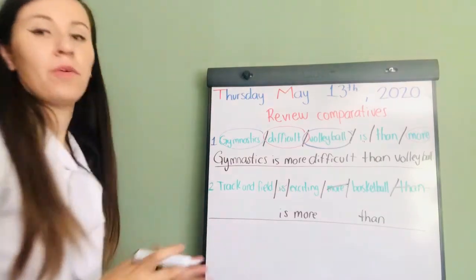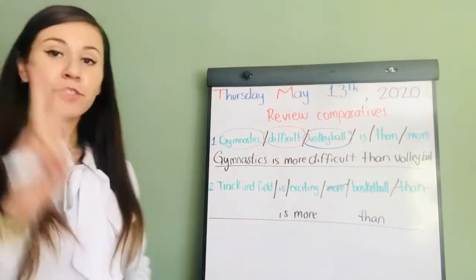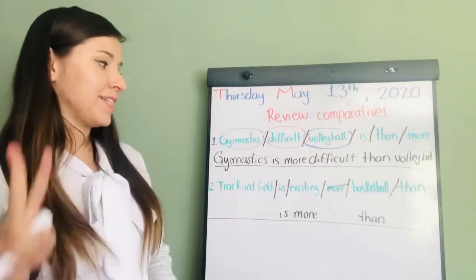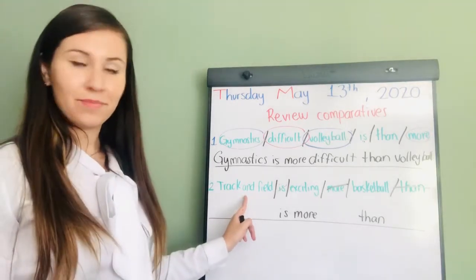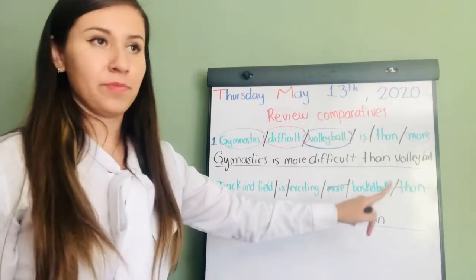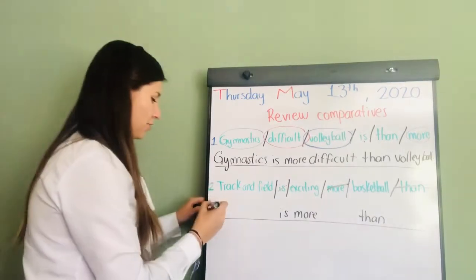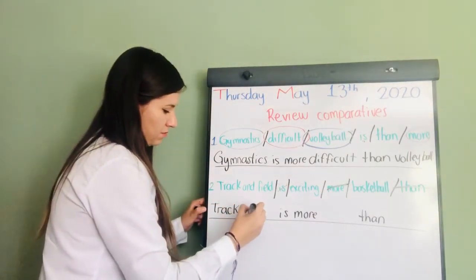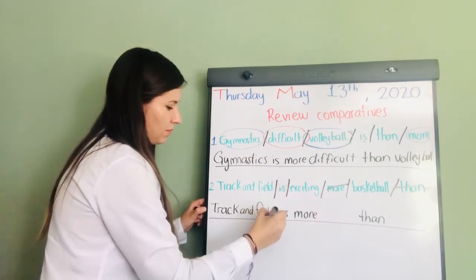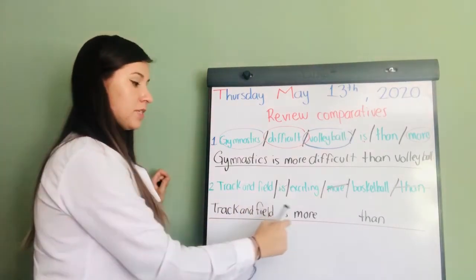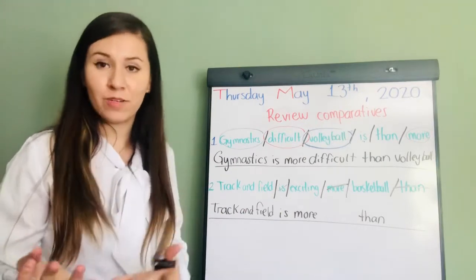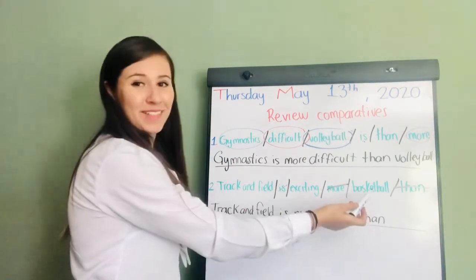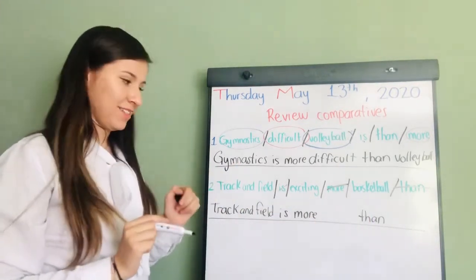Now, we have to compare. We have two nouns, in this case, two activities, track and field and basketball. We're gonna add here track and field. Track and field is more what? We need an adjective. Basketball or exciting?